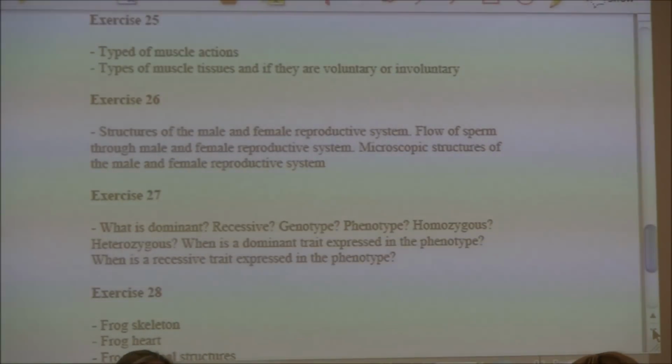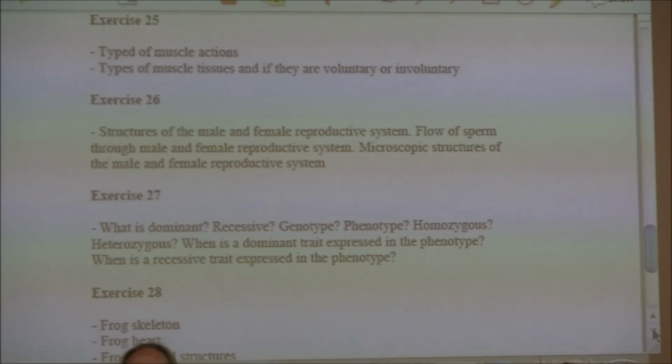All right. Exercise 25. Types of muscle actions. We're talking about pronation, supination, extension, flexion, circumduction, abduction, adduction. Okay, remember all those ones that I demonstrated to you in lab?